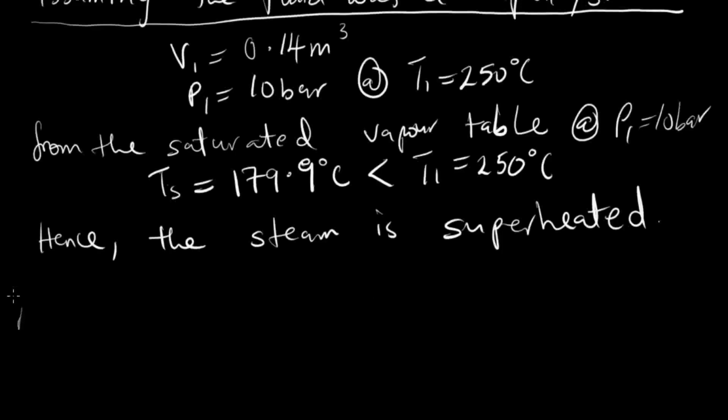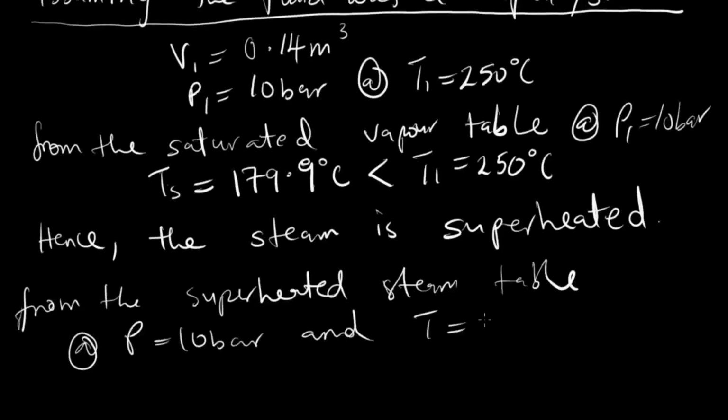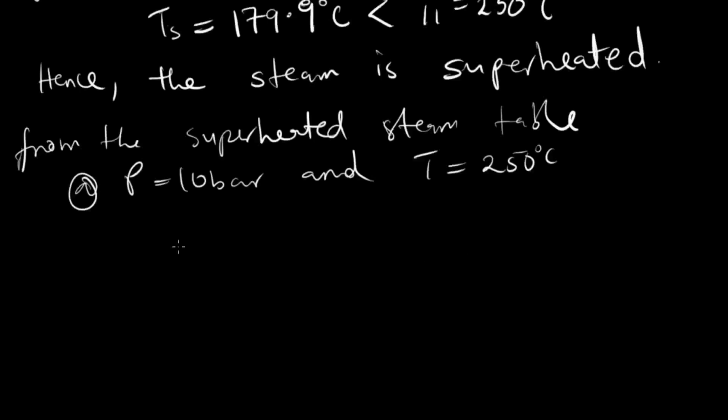From the superheated steam table, at P equal to 10 bar and T equal to 250 degrees C, we have that specific volume is equal to 0.2328 meter cube per kilogram.